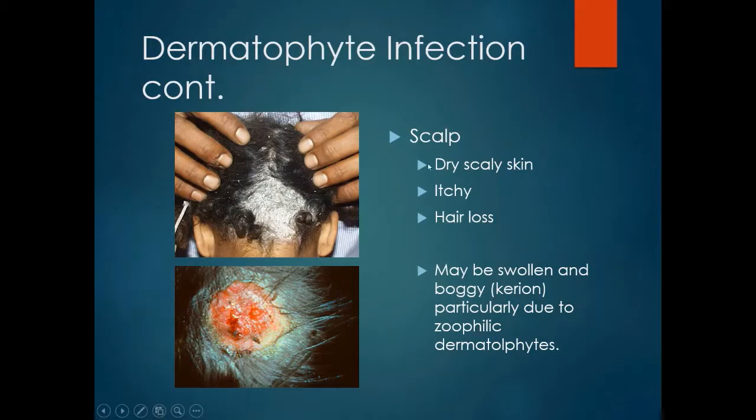In the scalp, you can have patches which are dry, scaly, itchy, and hair loss, or you may actually develop a kerion. This is seen particularly in children and may be due to zoophilic dermatophytes, dermatophytes from animals, which can be more aggressive in humans, and it produces this large boggy area which invariably needs oral antifungal agents.